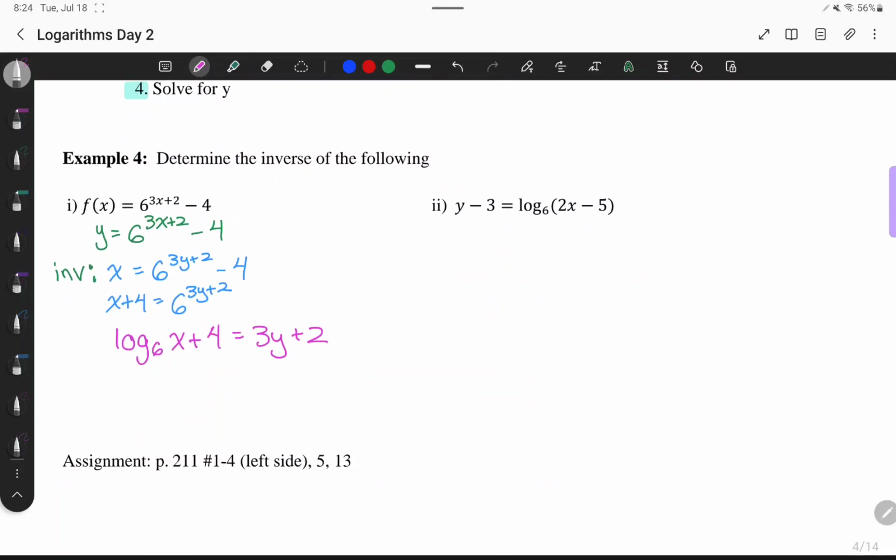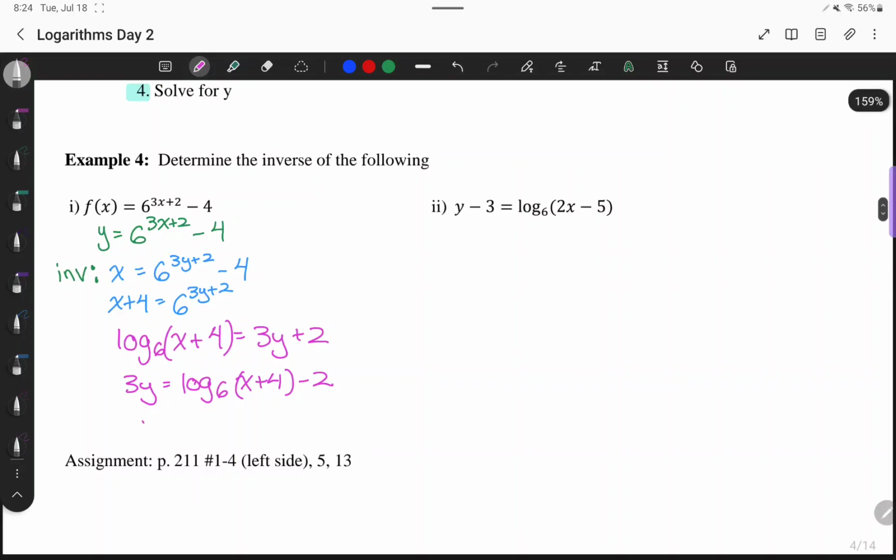So now I can make it 3y equals log base 6 of x plus 4. I'm going to wrap that in a bracket. I should have done that up here too. Minus 2. And y equals that whole thing over 3. Log base 6 of x plus 4, minus 2, all over 3.